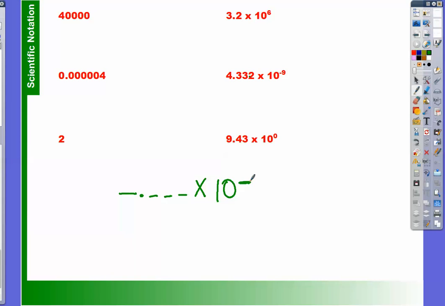So the idea here is we have 40,000, and right now the decimal place is right here. Obviously this number is greater than 1.